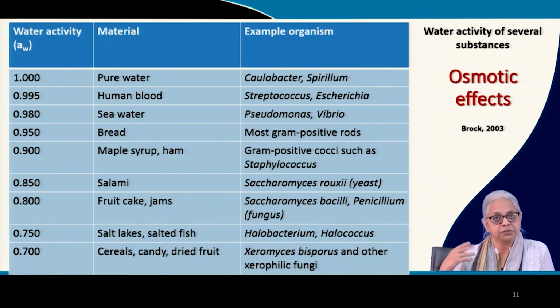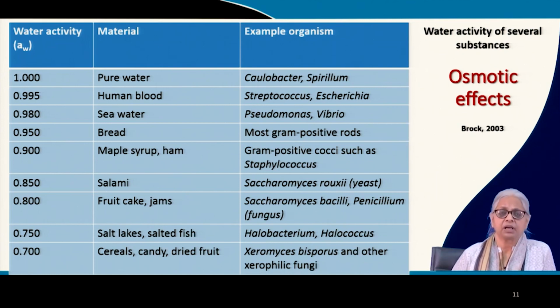I've used the word ionic strength in a previous lecture. Another parameter that is used in the textbook is water activity. This water activity can be compared relative to pure water. There are certain organisms which can survive in pure water. In general, most organisms do not want to survive in pure water because they need the salts and minerals that are present in water.